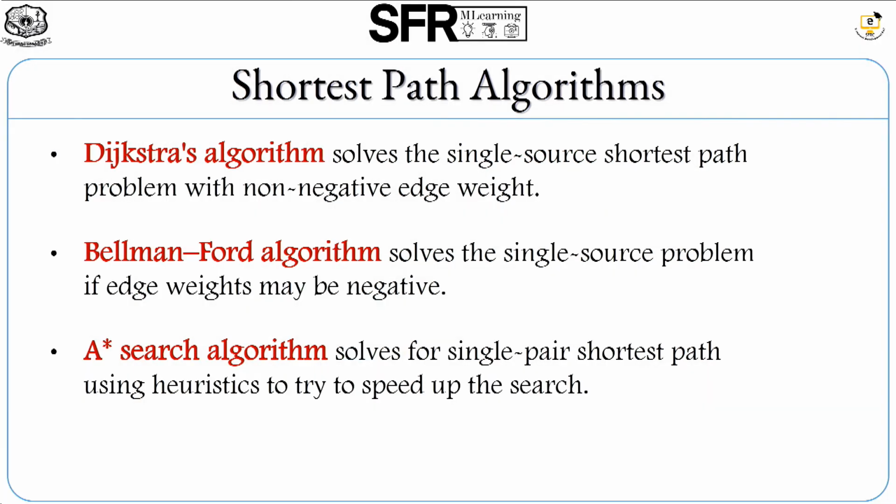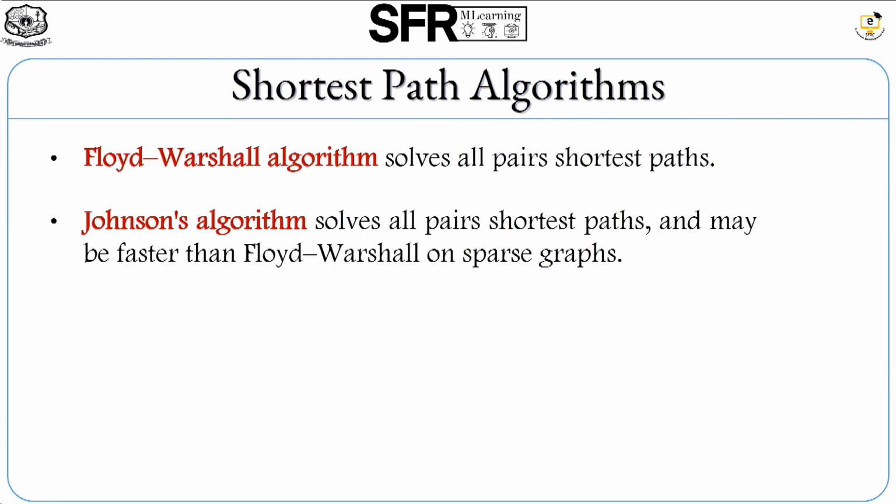So let's see some famous algorithms. These are famous algorithms for solving the single source shortest path problem: Dijkstra and Bellman-Ford. The Dijkstra algorithm solves the problem only with non-negative edge weights, but the Bellman-Ford algorithm works even if the edge weights are negative. The A star search algorithm is used to solve the single pair shortest path problem, to speed up the search.